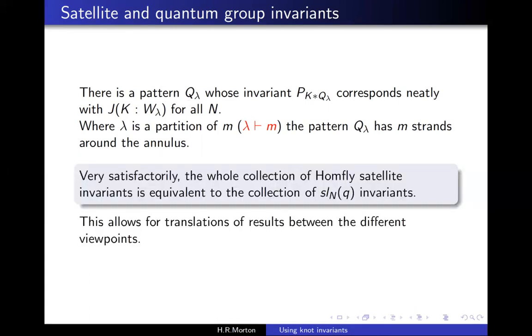So when you've got these, you can translate results between the different viewpoints. And the nice thing about that is that some things that are obvious from one viewpoint may not be obvious from the other.